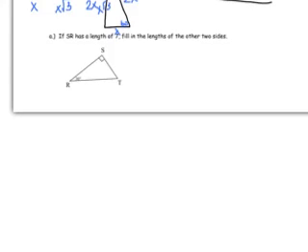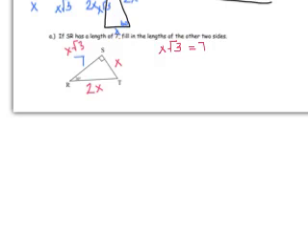So if SR has a length of 7, so here's SR, it's a length of 7, fill in the lengths for the other two sides. So now I'm going to label my sides as x, x root 3, and 2x. Right here, I know two pieces of information, so I'm going to set x root 3 equal to 7.